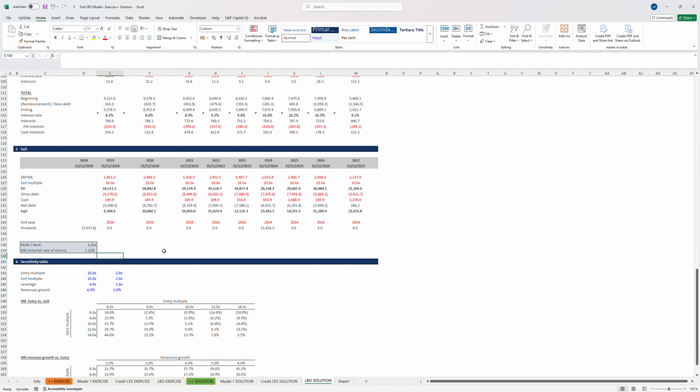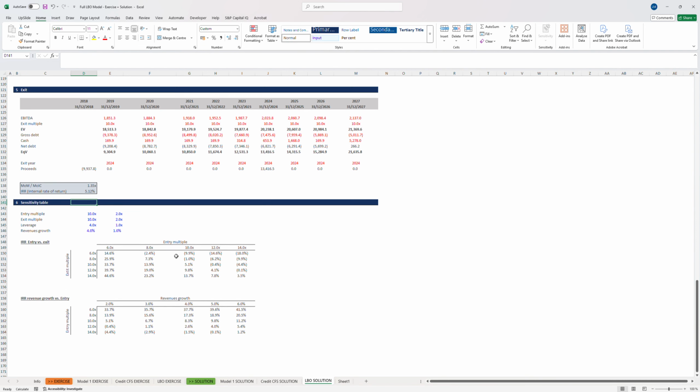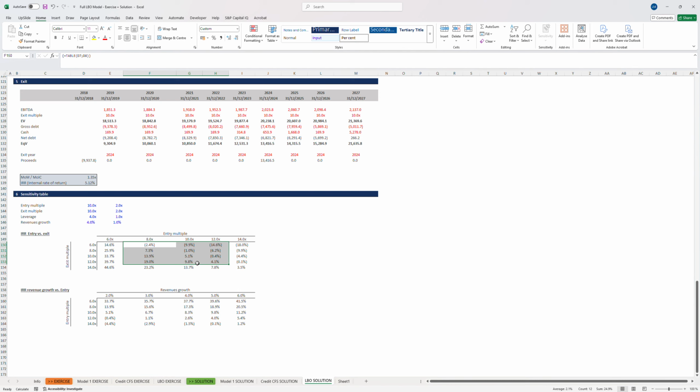Now I suggest you get familiar as well with sensitivity tables, meaning this type of table where you can take different variables and understand how they impact the performance of your investment.